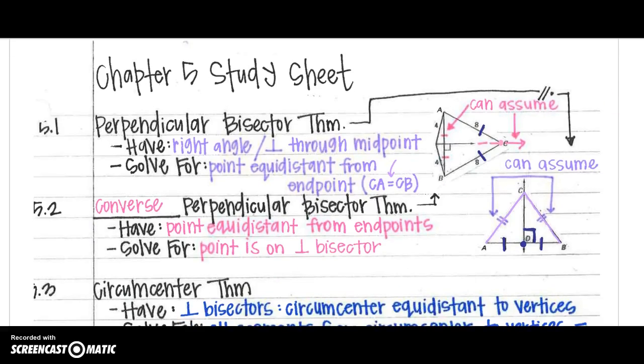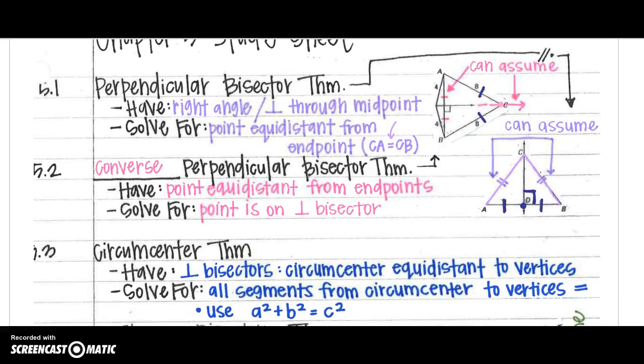All right, the next one, the circumcenter theorem, and this again is talking about perpendicular bisectors. So we will have 3 perpendicular bisectors, and this is in our big triangle. So think about this being in a triangle, not necessarily like what we were talking about up here. Remember, the circumcenter is all 3 of those perpendicular bisectors meeting together at the point called the circumcenter.